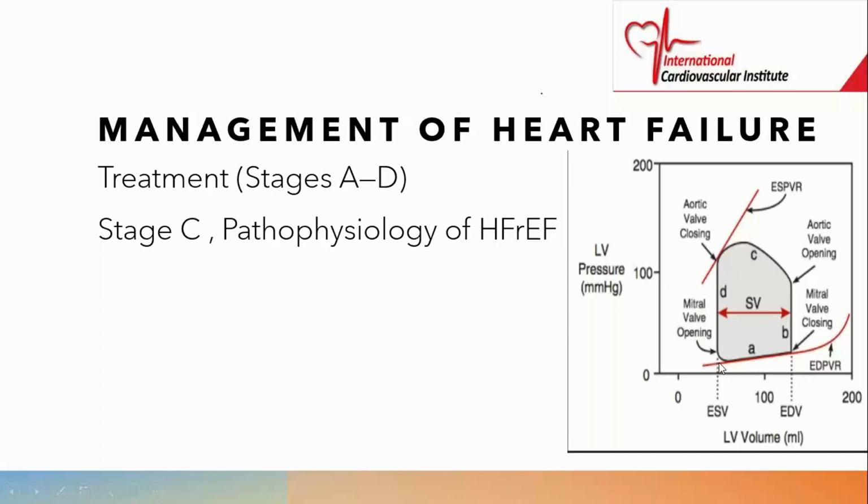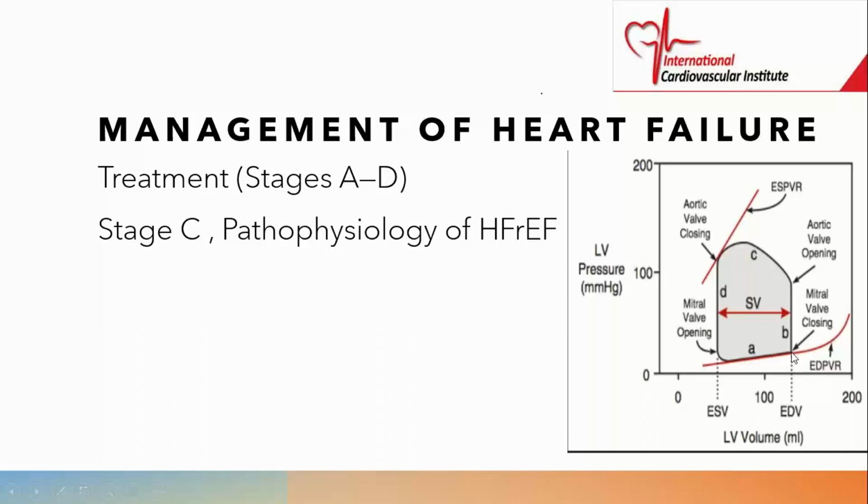It's not open yet. The muscle starts to relax, however, but the volume is not changing. And this is what we call the isovolumic relaxation time or period, because there's no change in the volume. The pressure is going to decrease because the heart muscle now starts to relax. And then the mitral valve opens, the LV fills with blood, and the cycle continues.